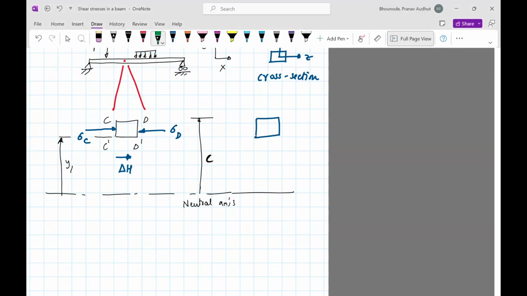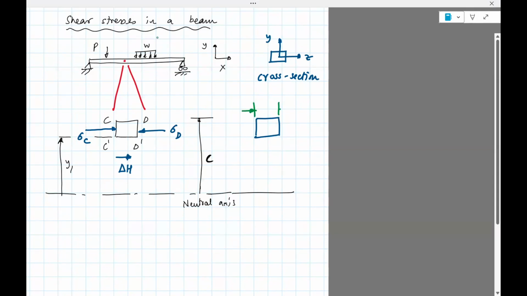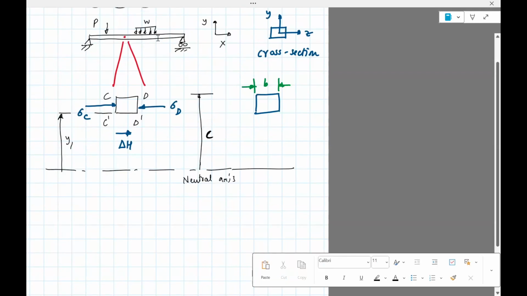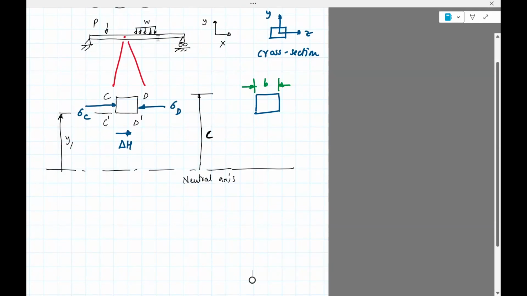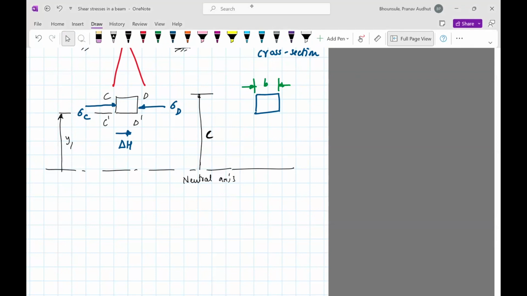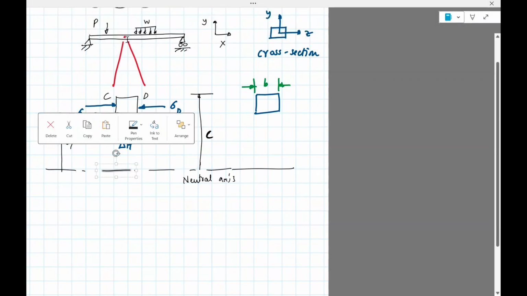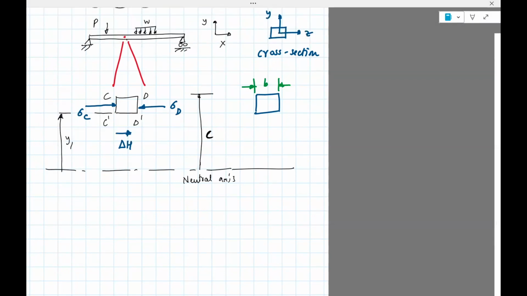Say that the width of this section is B. And this is y1 like before. Okay, we're going to consider some element at a distance of y, and let's say that that is dA.